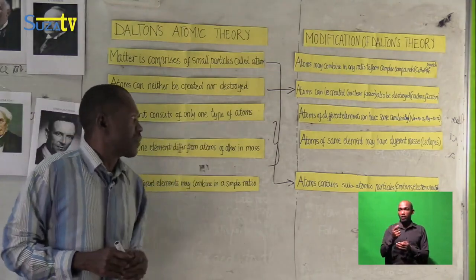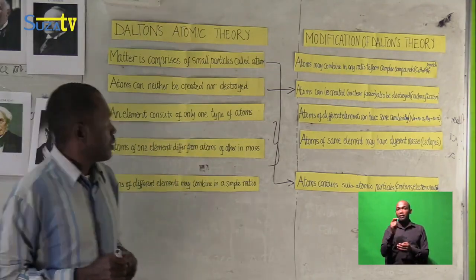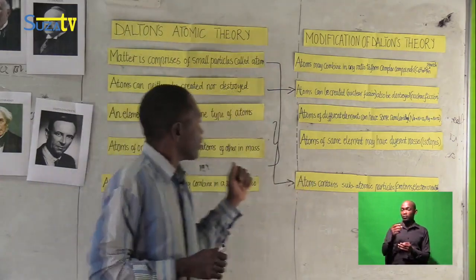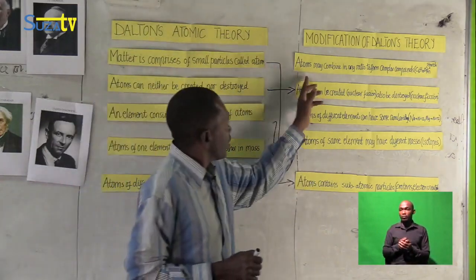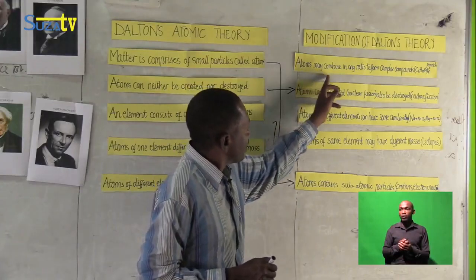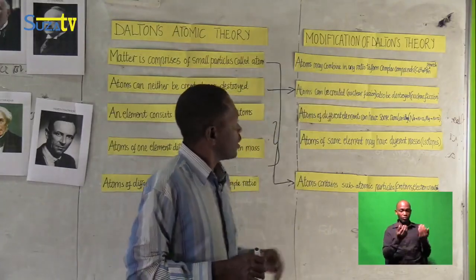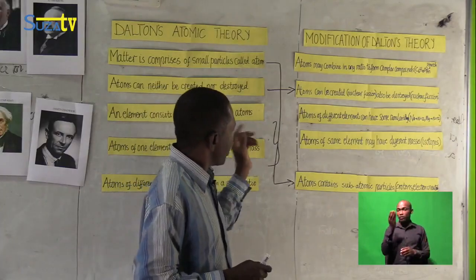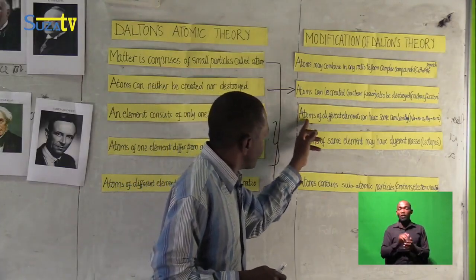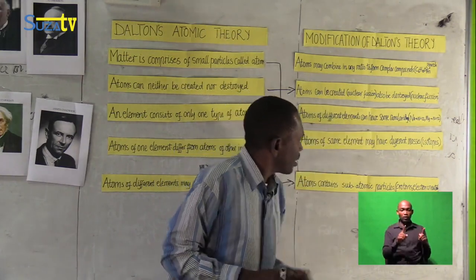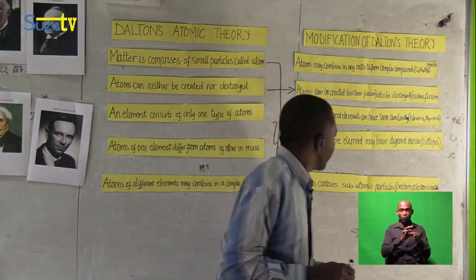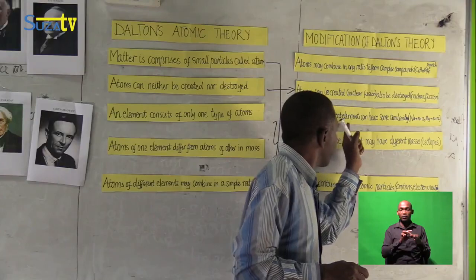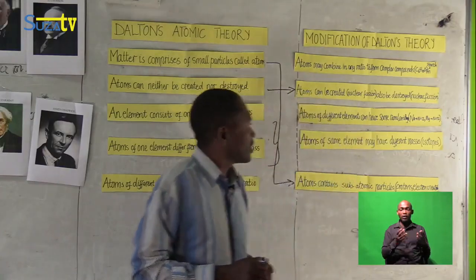Okay, the last one, the third one, is an element consists of only one type of atom. There's atom may combine in any ratio to form complex compound, which has not yet been used. Atom of different elements can have same similarities.